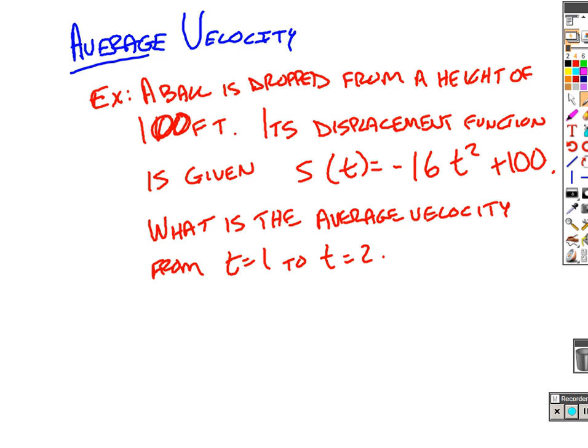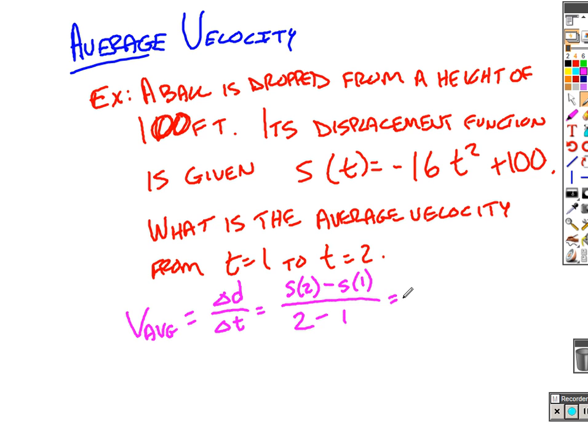Okay, another thing we wanted to look at though was average velocity. So a ball is dropped from a height of 100 feet, displacement given as such. To find the average velocity, all we're going to do is look at the change in displacement over the change in time. So we want to go from t equals 1 to t equals 2. Okay, what was it at 2? Where was it? Same thing for time equals 1. What is the displacement over the time, 2 minus 1. So all that we will do is plug in for each individual one.